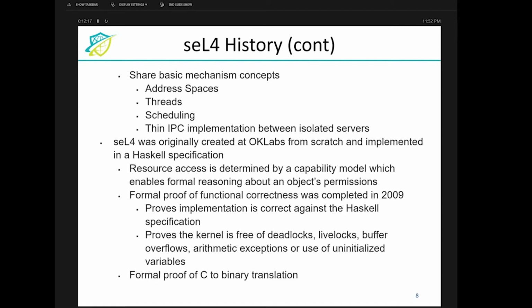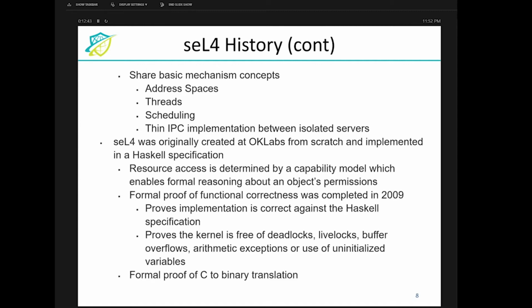So because the code base was so small and because they went with a capability model, they were able to apply formal logic to an object, which is very novel, and they were the people that provided us with a formally verified kernel.